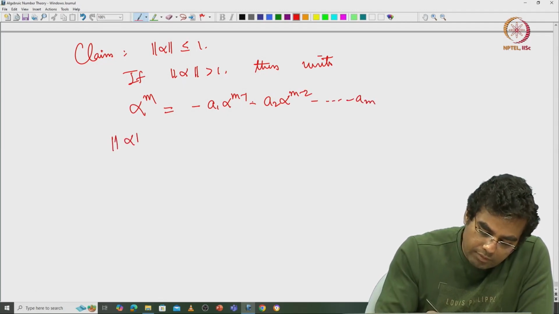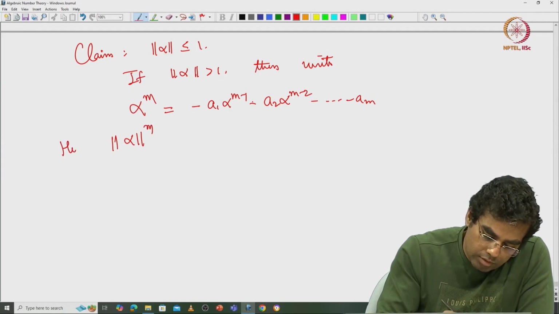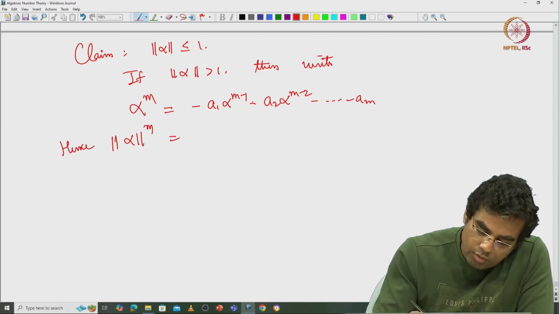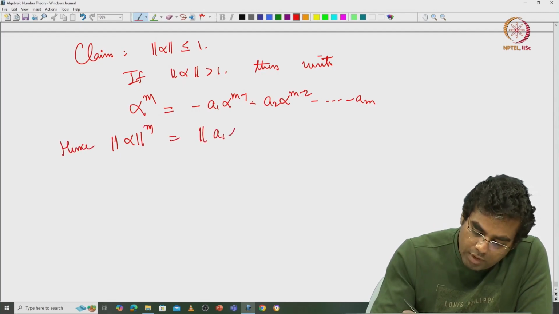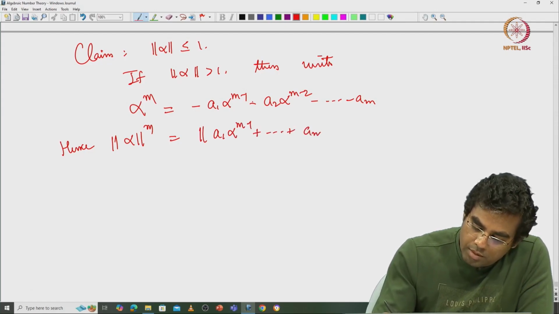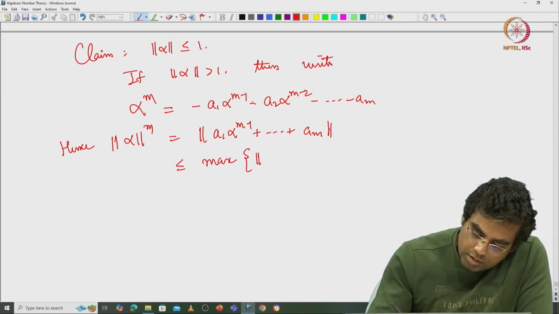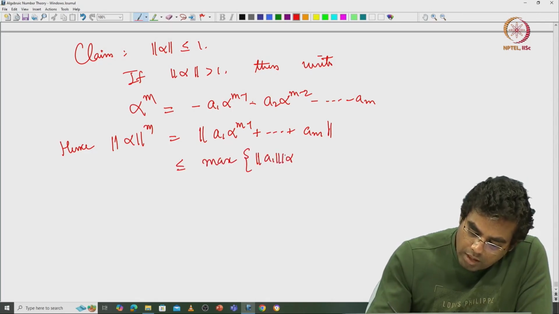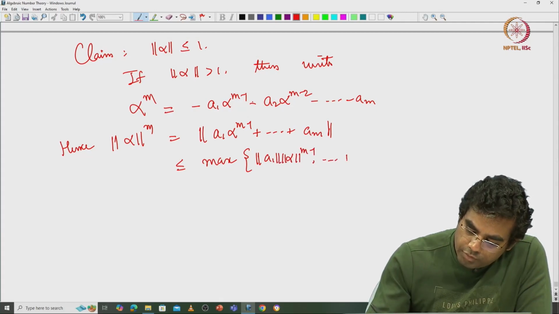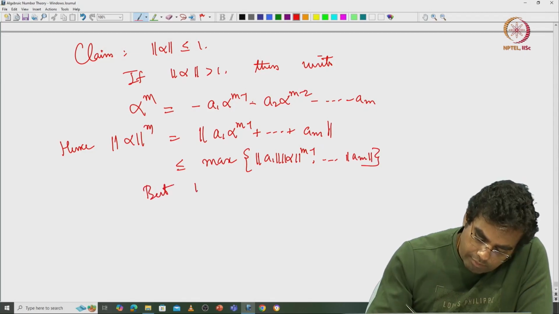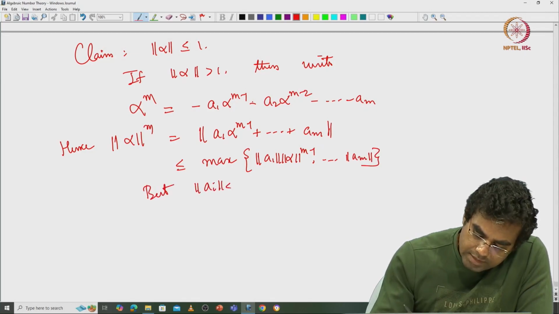This will tell me that valuation of alpha to the m is equal to valuation of a1 alpha to the m minus 1 plus up to am, but this is less than or equal to max of valuation of a1 alpha to the m minus 1 and so on up to valuation of am, but valuation of ai is less than or equal to 1.